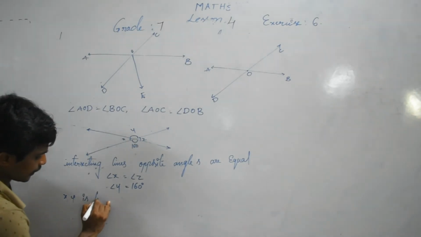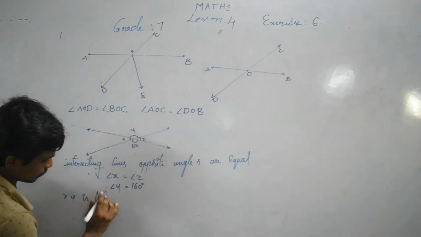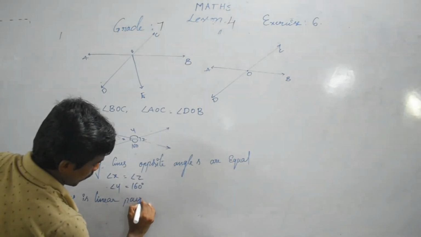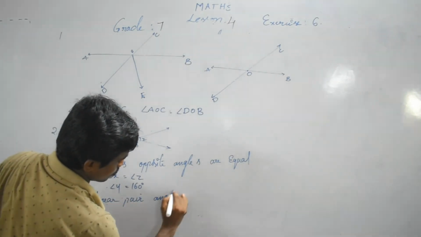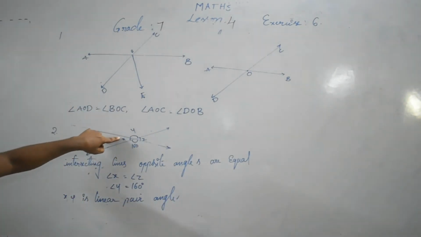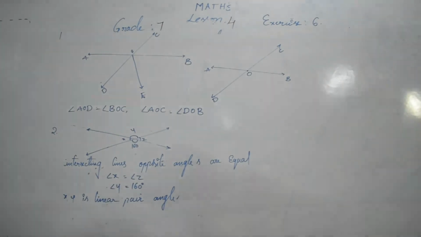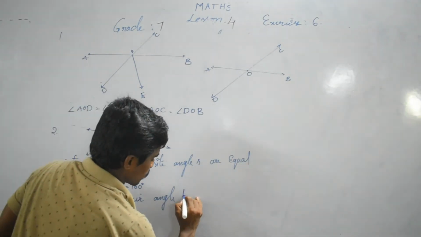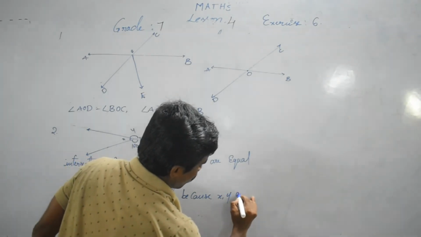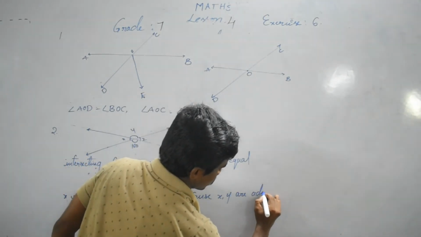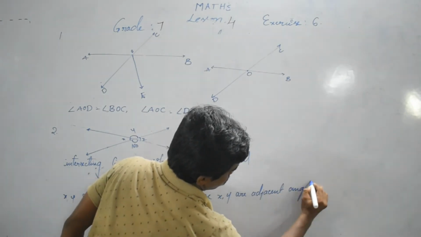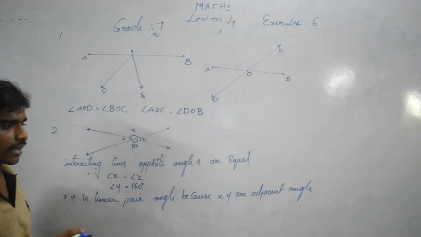So here x and y are a linear pair. X and y are adjacent angles. So what is a linear pair?